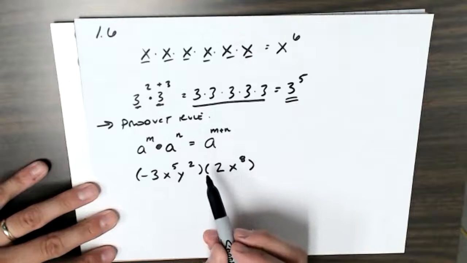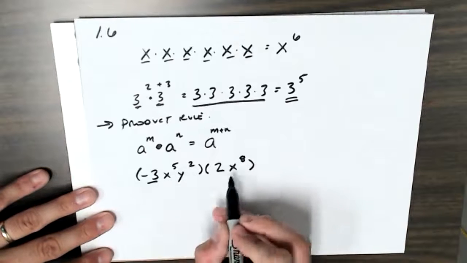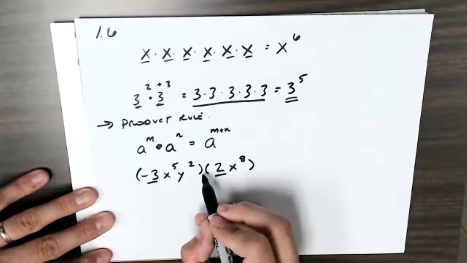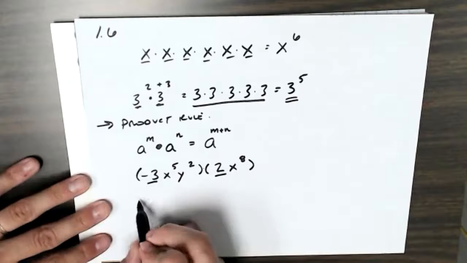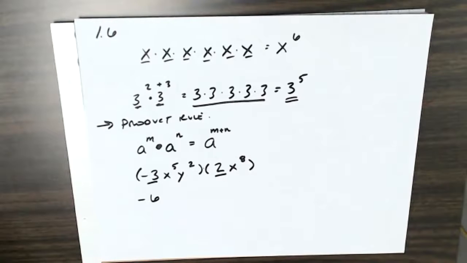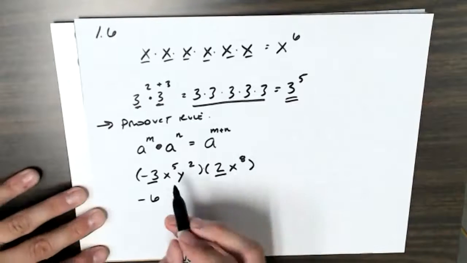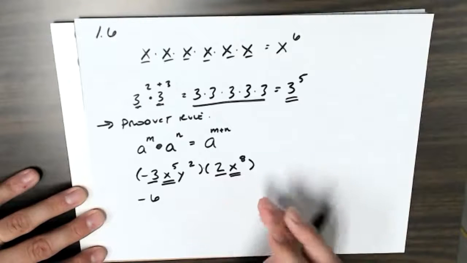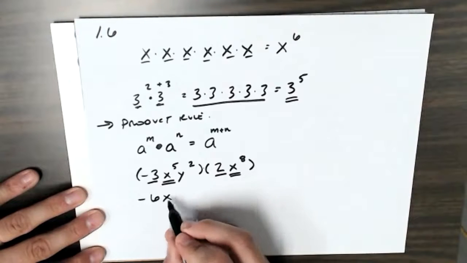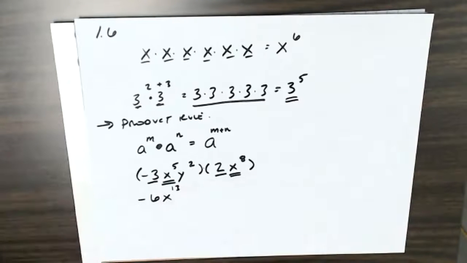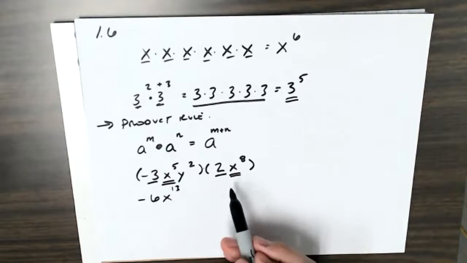So let's go back to this example. If we have coefficients, negative 3 and 2, and we're multiplying, you just multiply those coefficients together. So negative 6, not a big deal. And look, the x's repeat here. We've got x to the 5th and x to the 8th, so we wind up with x to the 13th. The y doesn't repeat.